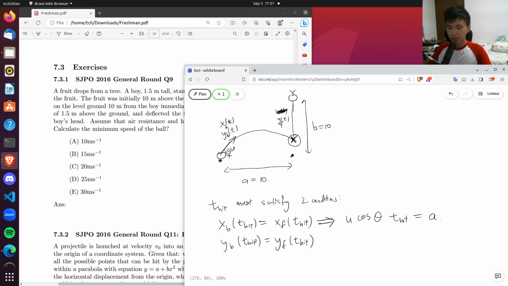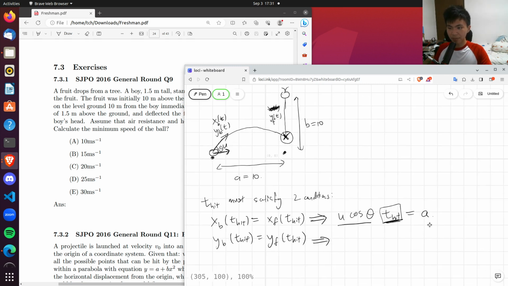This means that after some time t hit, the horizontal component of the velocity is u cosine theta, and multiplying that by time, after t hit seconds the ball will have traveled horizontally a distance of a. So that's the first condition, and the second condition is that the y coordinates must match.